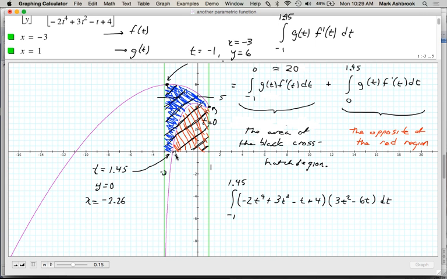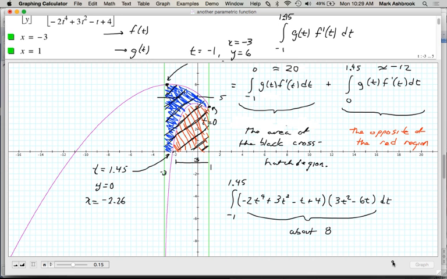What's the second one? Width of about 3, height of about 4, makes that 12, and that would be negative. So we're expecting this final integral, all this area, to be about how many square units? About 8. Let's put it in and see.